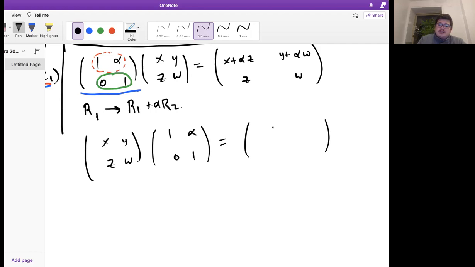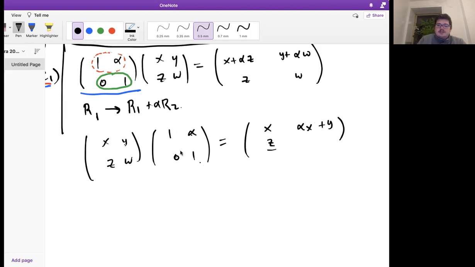So this one is x, right? X times 1 plus y times 0. And then over here is alpha x plus y, right? Alpha times x plus y times 1. And then here is z.